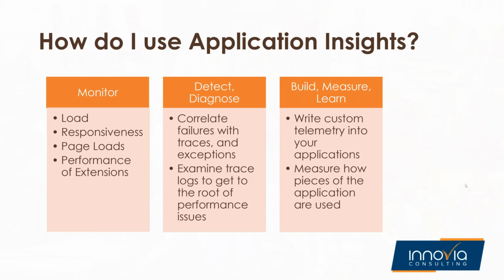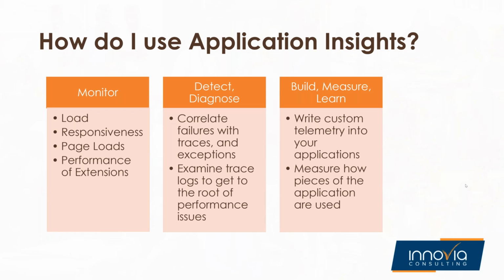You can also use it to detect and diagnose failures, issues, exceptions, and complaints from users on performance, and you can use the telemetry that comes out of Application Insights to get to the root performance issues that your users are experiencing or can be experiencing.